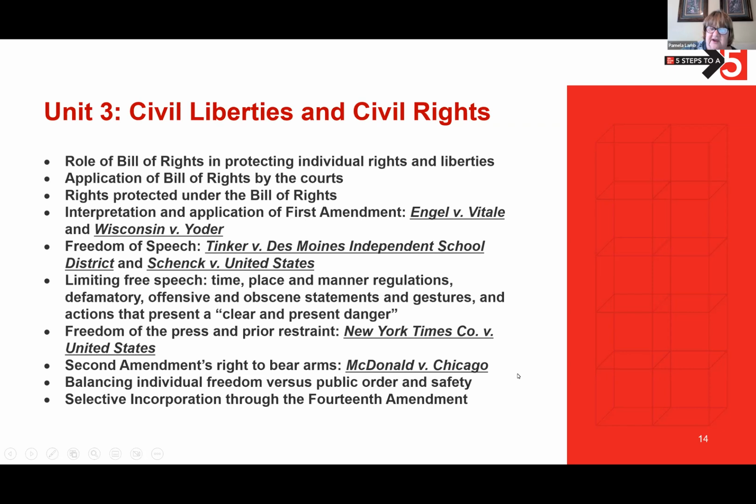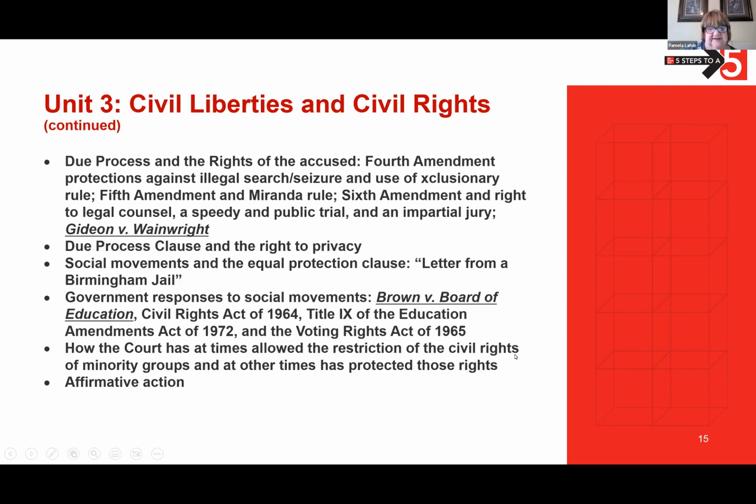And you will have not only court cases in the multiple choice, but you will have FRQ3, which involves a comparison of one of those 14 required court cases to a case that you probably don't know anything about. And I'll give you some more information about that as we get to the free response. But again, civil rights and civil liberties.